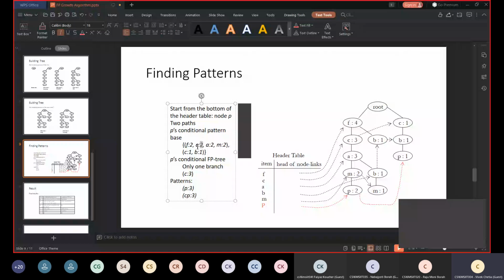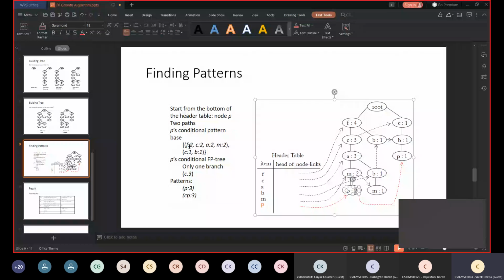F is in only 2 but not in the third one, so F is not included. C is in two of these and not in the middle one, so it is not included. B is included in 3, but the threshold count is not matched. So the conditional FP tree will include phi, and this same process will be continued. That's all for finding patterns and generating the FP tree. Thank you.